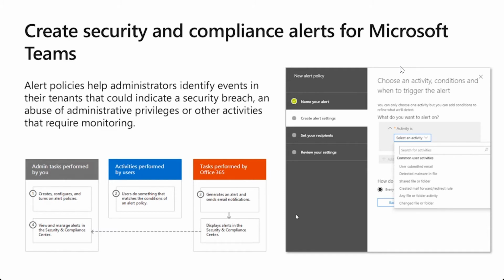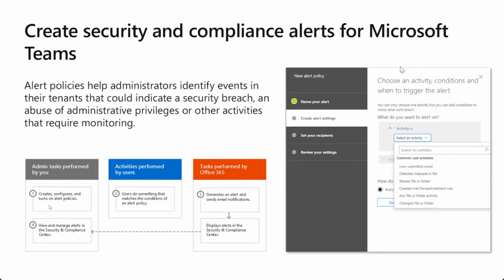All those different things can be used in the definition of those alerts. So at a glance, as you work with alerts, first you need to be an administrator, and as an administrator you will create, configure, and turn on alerts. We also have different default alert definitions available. With a flip of a switch, you can enable those default alert policies.